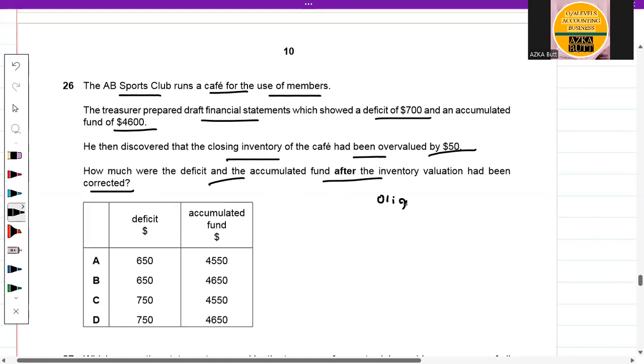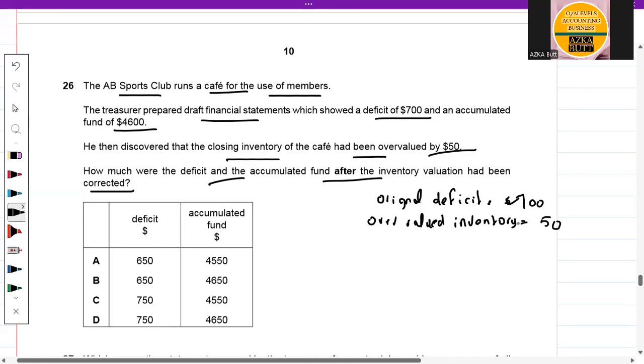The original deficit is $700, and the overvalued inventory is $50.